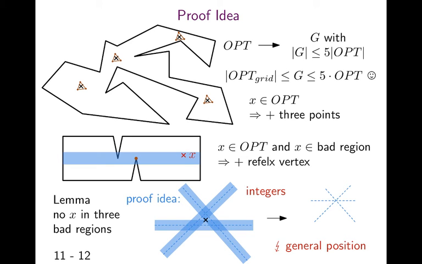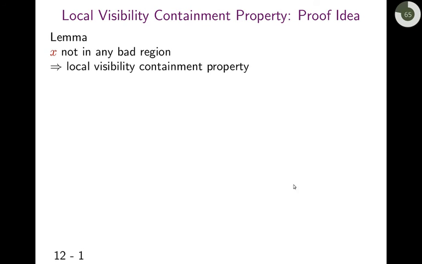Okay, so now it remains to tell you, if X is not in a bad region, why do we have this local containment property? Here, if I take 3 or 4 points around, it doesn't really matter, then we have these two cases. Either X sees one of those grid points, then this point sees everything which is in this cone here, because this cone is convex, and this point cannot be blocked by anything in here because it's convex.